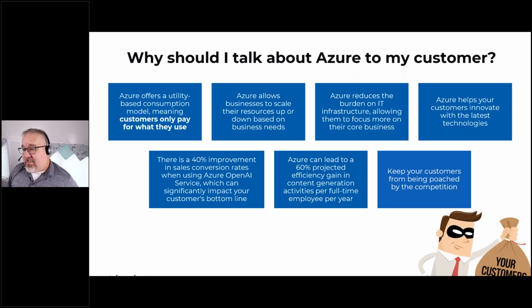Keeping your customers from being poached, and my little guy running away with your customers in a bag. I don't want to go through every box on the slide. That again goes back to the beginning where I said, make sure your customers know that you have the ability to deliver Azure services. And maybe today you're thinking, well, we really don't.